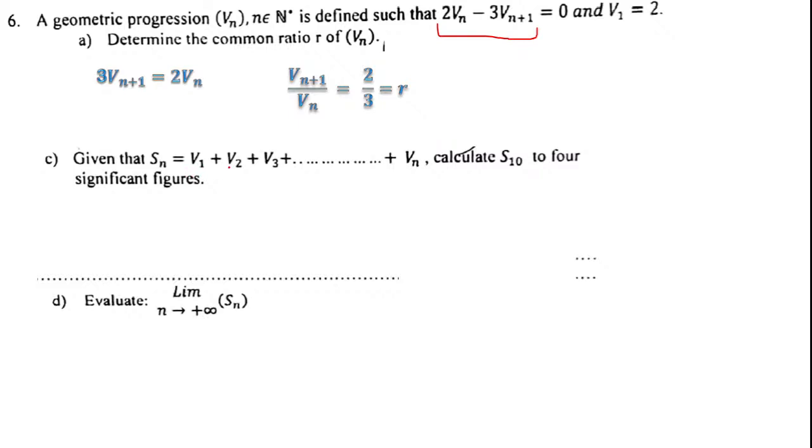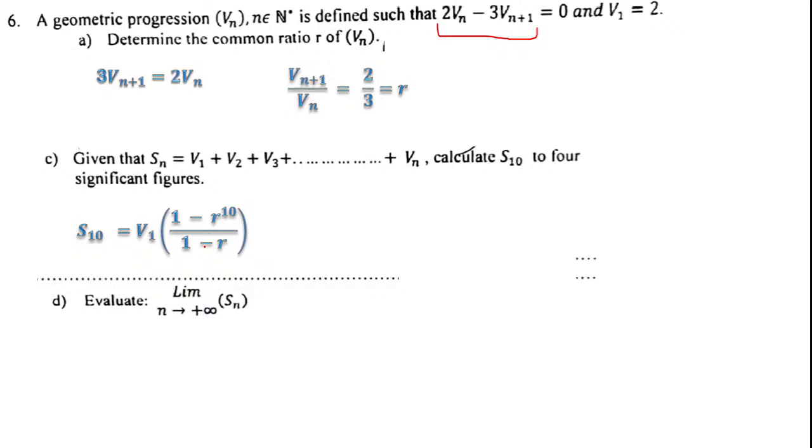Now, given that Sn is equal to the sum of all of these terms up to Vn, calculate S10 to 4 significant figures. Let's calculate S10. So our S10 will be equal to V1 into 1 minus r to the power 10, all that on 1 minus r.